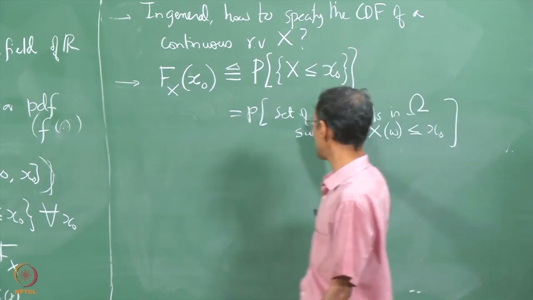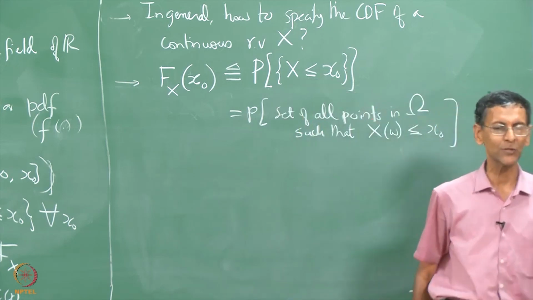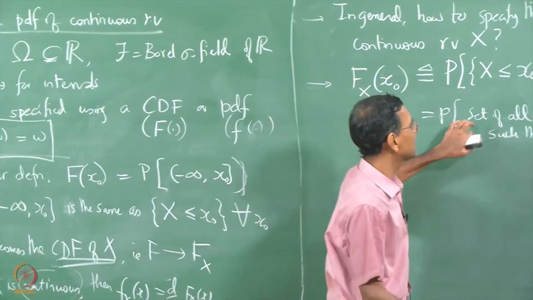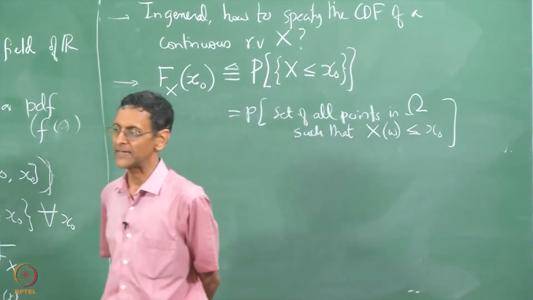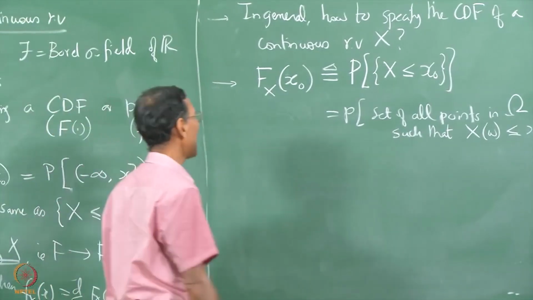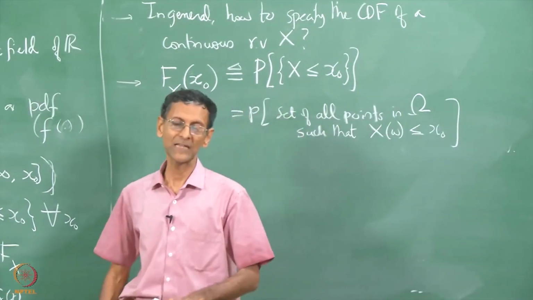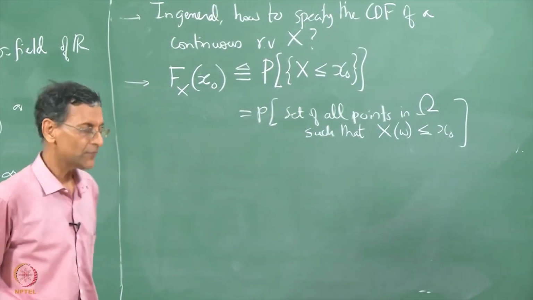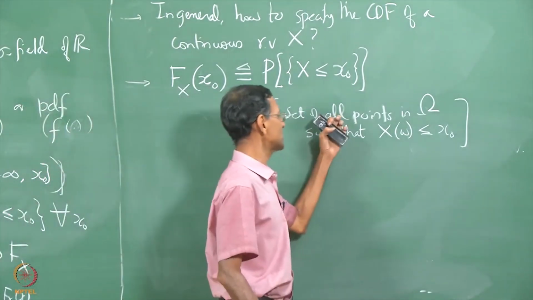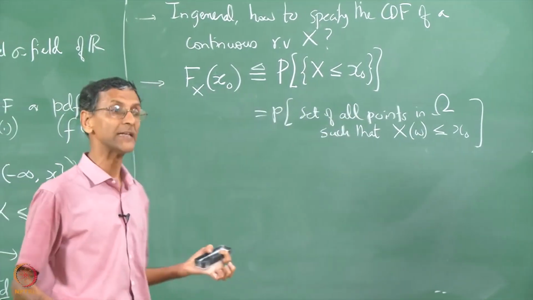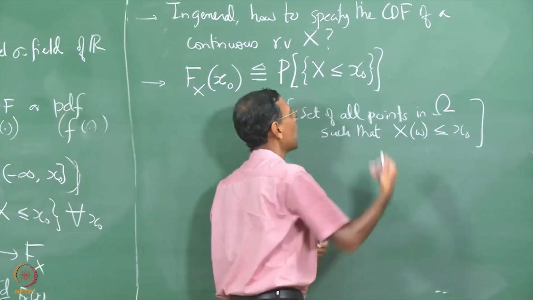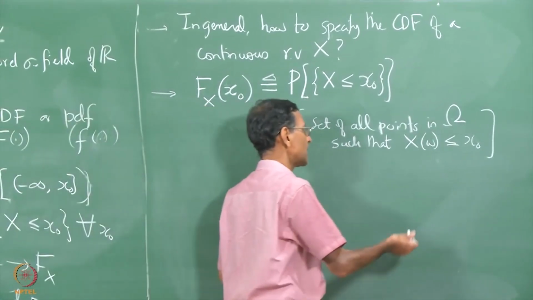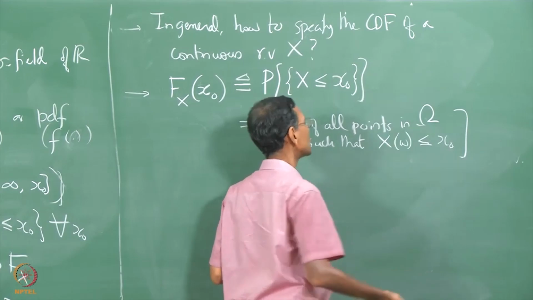This probability is not in general an easy thing to calculate. It only becomes easy in some very simple cases like this. If you look at some complicated space and you define a complicated function capital X, this is not an easy calculation to do in practice, and therefore we cannot talk about a general calculation of this kind, because we do not even know how to assign probabilities, for example, to arbitrary sets of omegas in R power k or whatever.